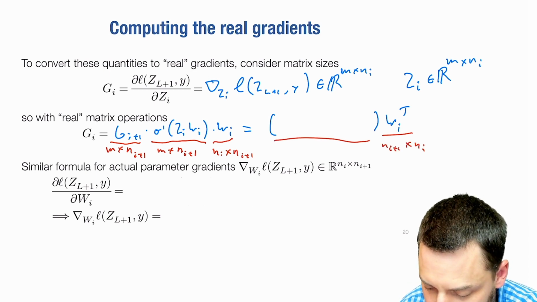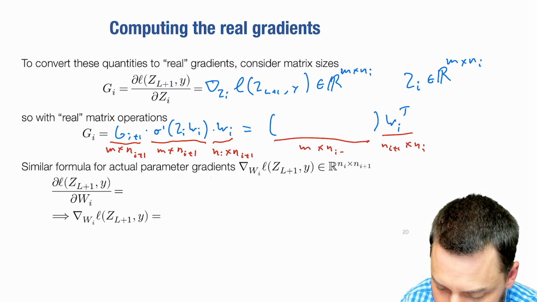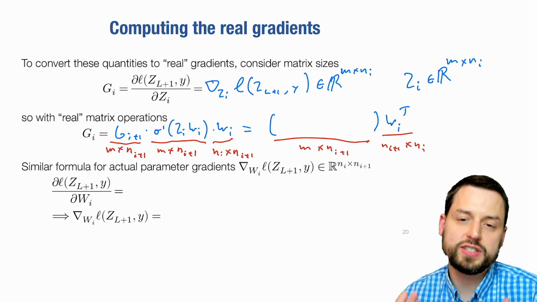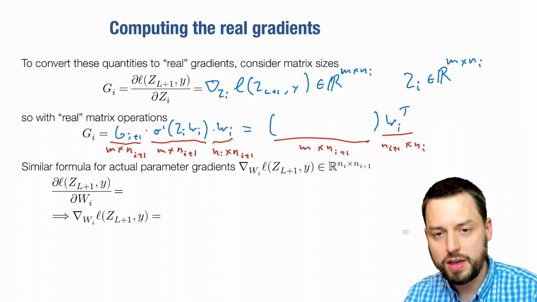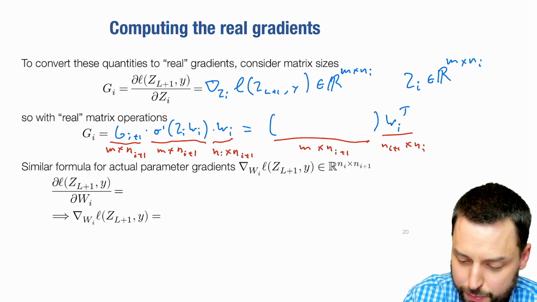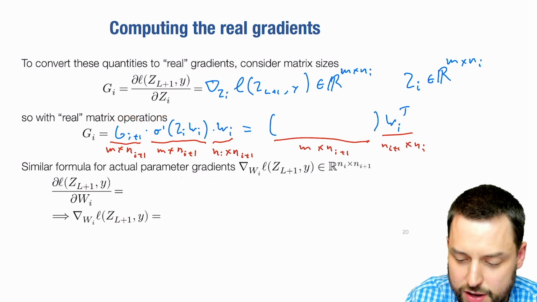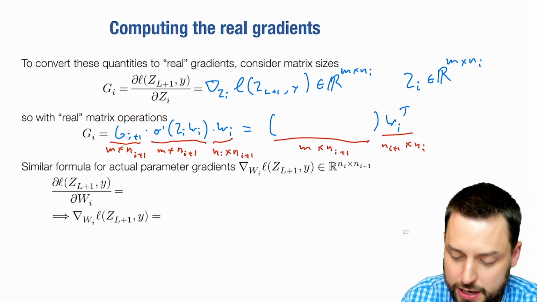So in here, we need something which is m by n_{i+1}. And just in the same way that we did this for the two-layer case, these are in fact both the size we want there. So what you do is take their element-wise multiplication.